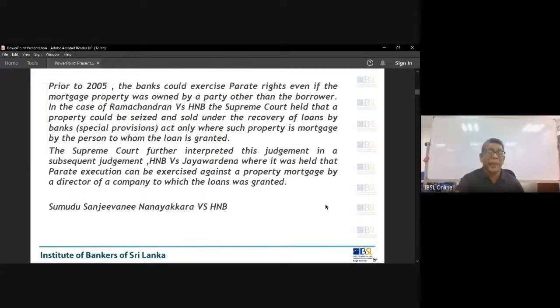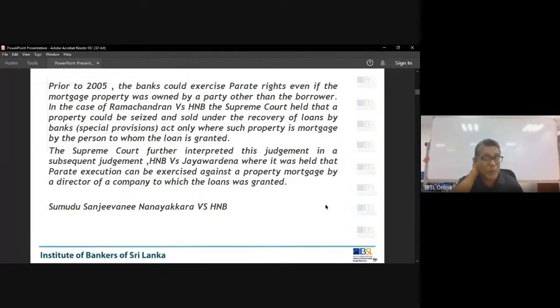Prior to 2005, the bank could exercise parate rights even if the mortgaged property was owned by a party other than the borrower. Even a guarantor's property could be executed under parate execution. But there is a very famous case, the Ramachandran Chellaya versus HNB.